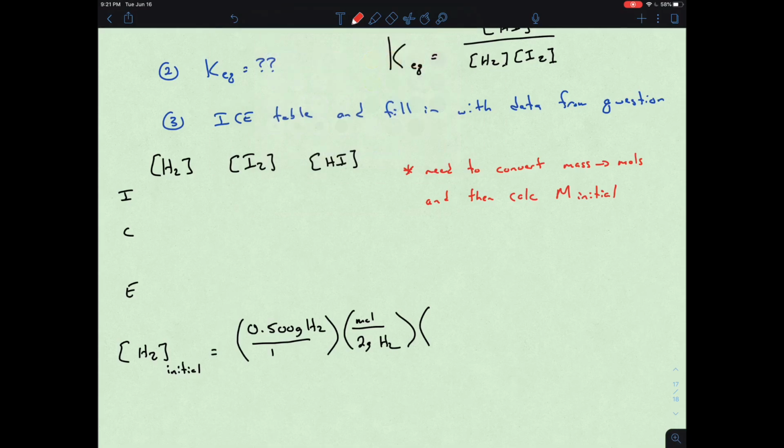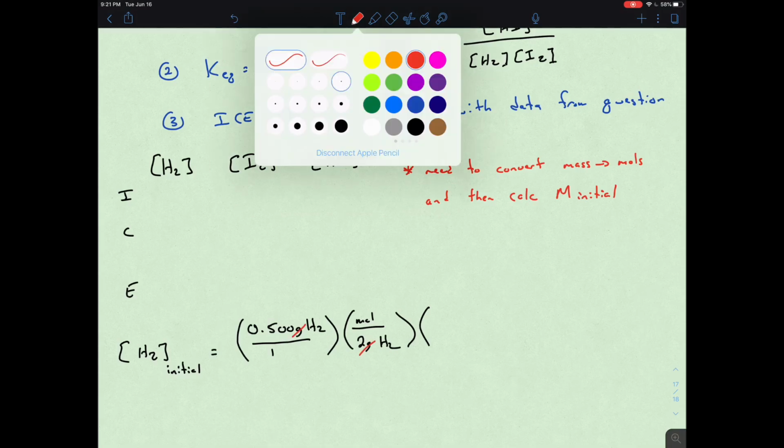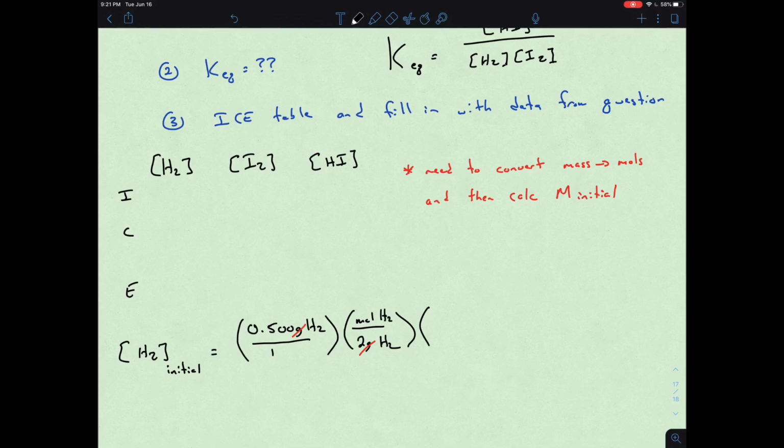So we're canceling out our mass and getting into moles of the hydrogen. And then we're dividing by our volume. Remember, gases take up the entire volume of a vessel.